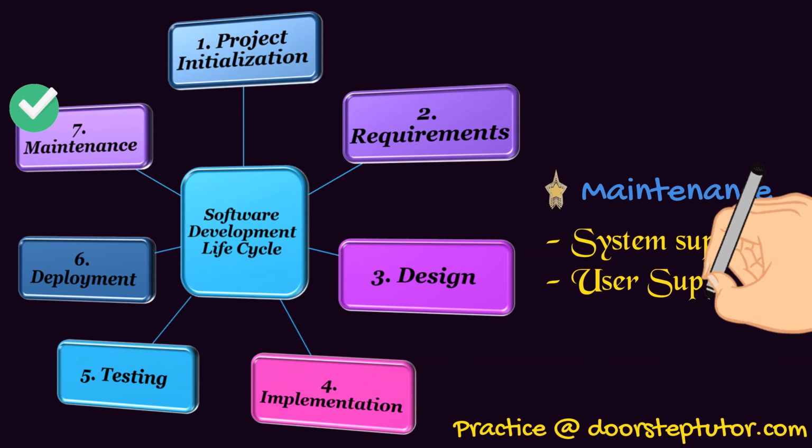Here we are estimating the team, the time, the cost, etc., and we will finally prepare one SRS. SRS means Software Requirement Specification. We will make one final report or documentation of the requirements after analyzing everything.